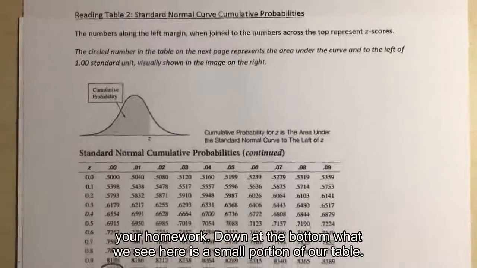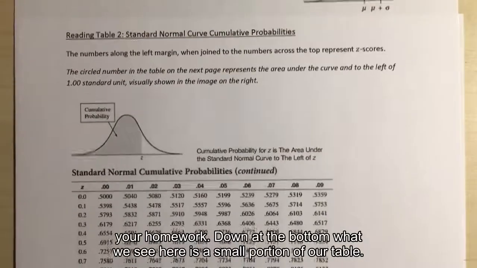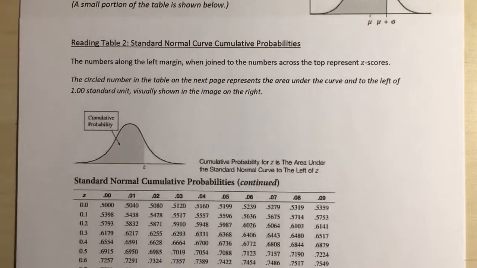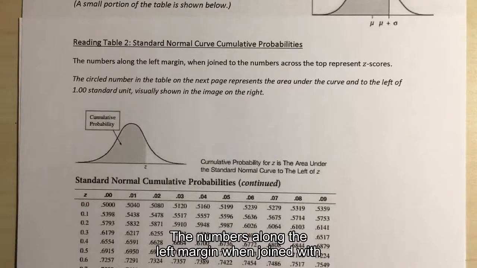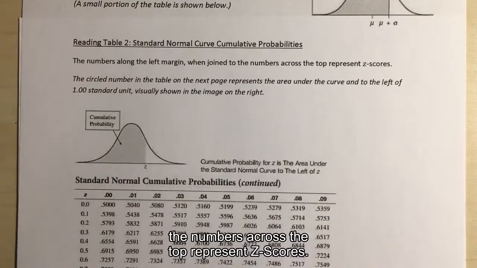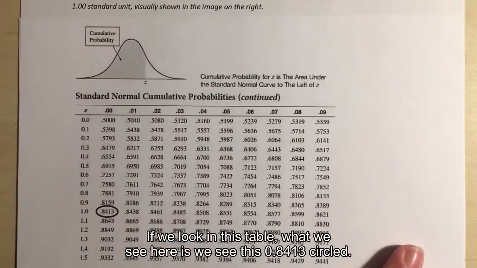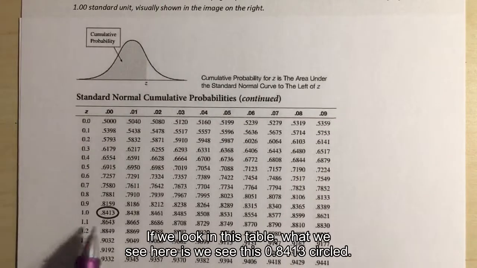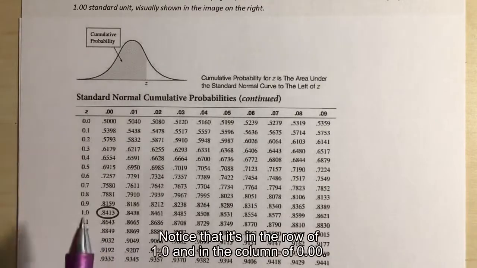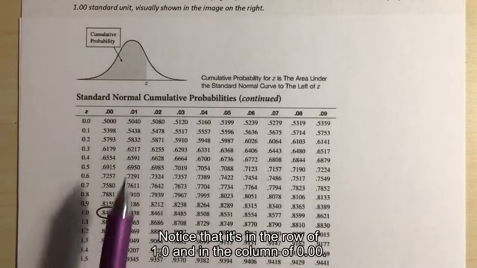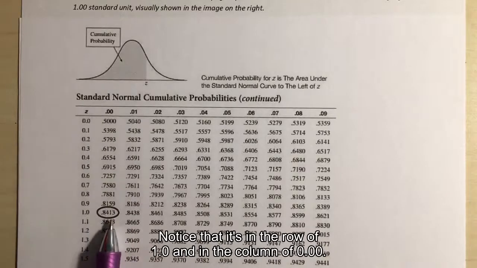Down at the bottom, what we see here is a small portion of our table. The numbers along the left margin, when joined with the numbers across the top, represent z-scores. If we look in this table, we see this 0.8413 circled. Notice that it's in the row of 1.0 and in the column of 0.00.